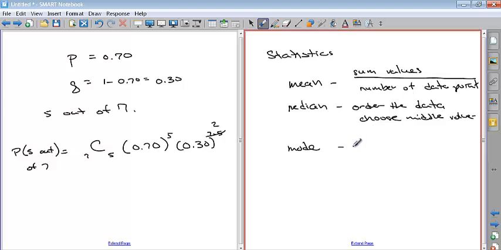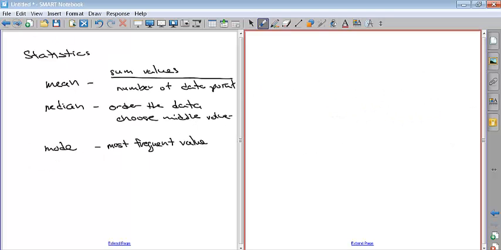And the mode is the most frequent value. So this has to be something where you have the data point at least more than one time. And the one that has the most listings of a particular value is the mode. We tend to use mean and median more so than mode. So if I give you some data, be able to calculate the mean, the median, and the mode.